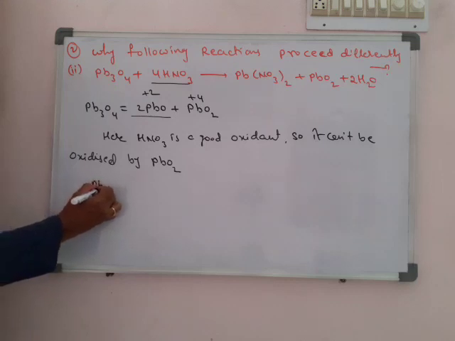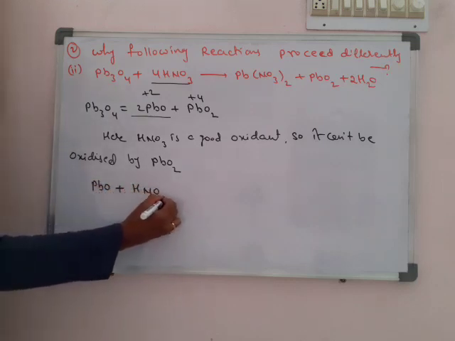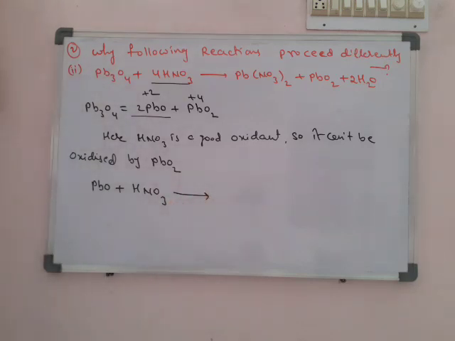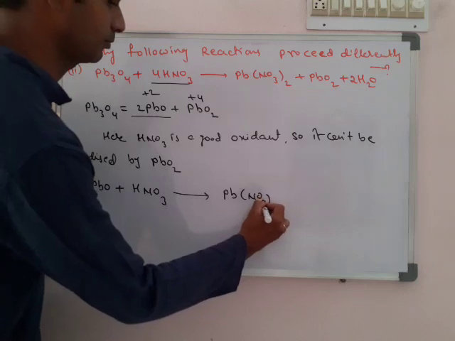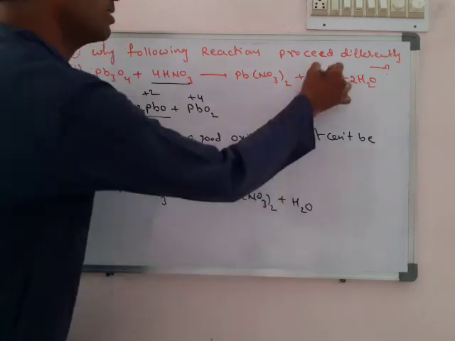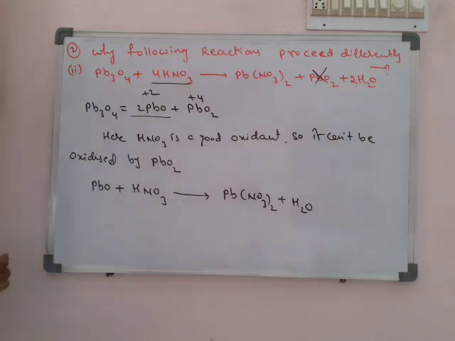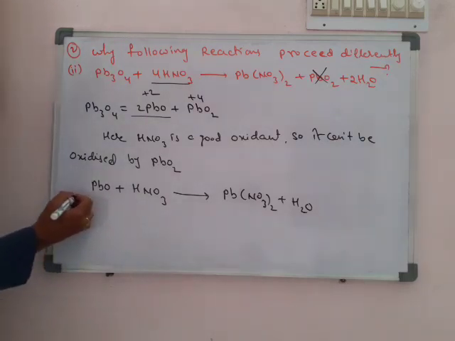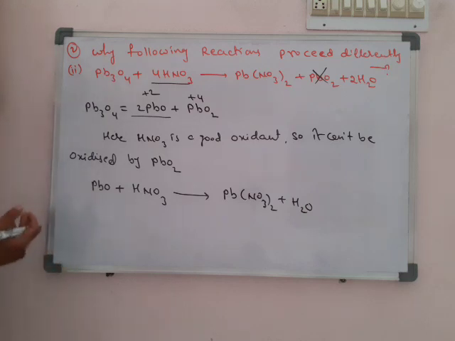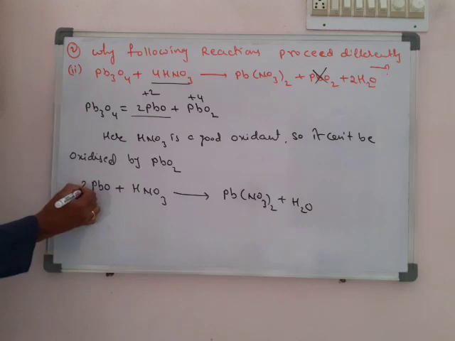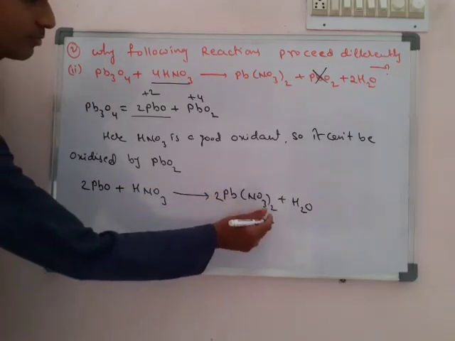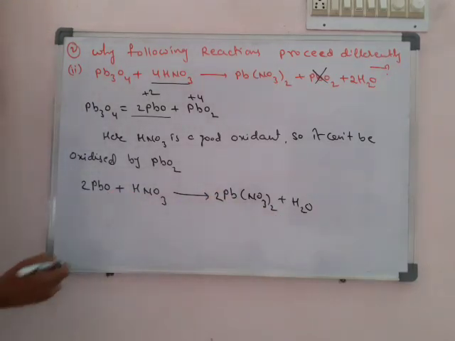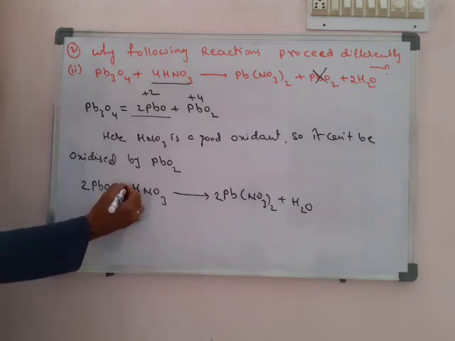So now there is only the reaction of PbO plus HNO3. The base PbO, as we just said, has a basic character. So it forms lead nitrate plus H2O. Means PbO2 is not possible. So this balance is 4 Pb3, and in total we will get 2 PbO. HNO3 8, and here it should be 2 4 12.